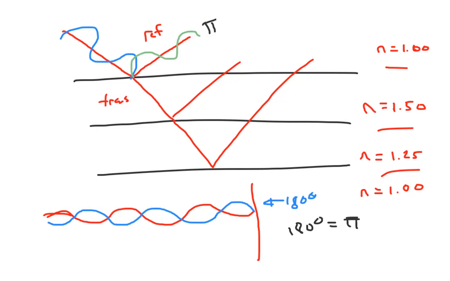So we say that there's a pi shift here when it goes out of phase. But when we're going from a hard boundary to a soft boundary, there's not any phase change. I can't draw that very well. Okay, and that's the important thing to realize.